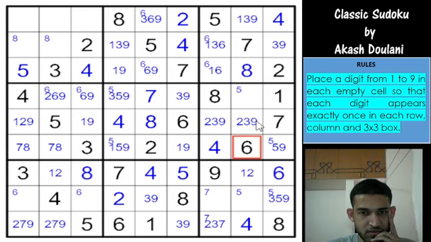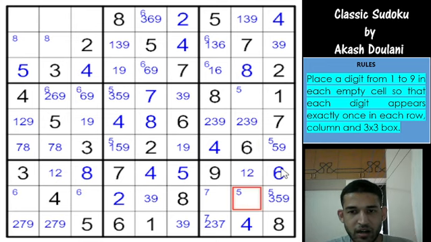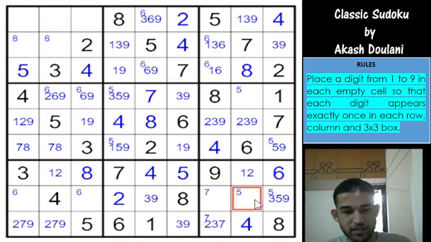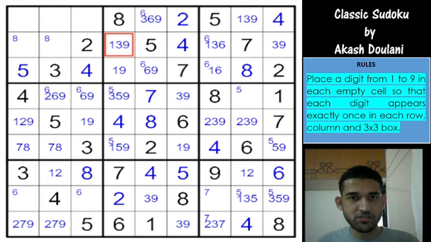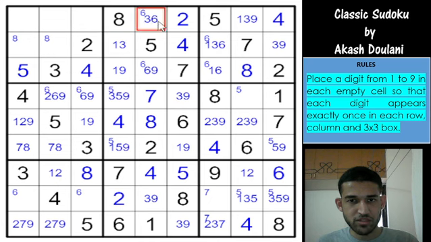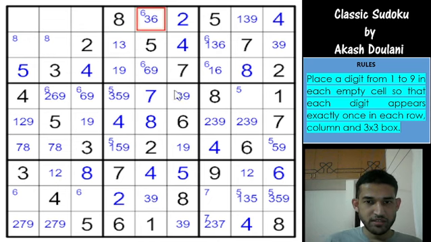Okay, this cell cannot be 4, 8, 6, 9 and 2, 1, 7. So this would have to be 1, 3 and 5. Okay, you have 1, 6 here, right? So which means 9 must be in one of these cells, and that helps us to reduce 9 pencil mark from these two cells. So this is 1, 3, this is 3, 6.